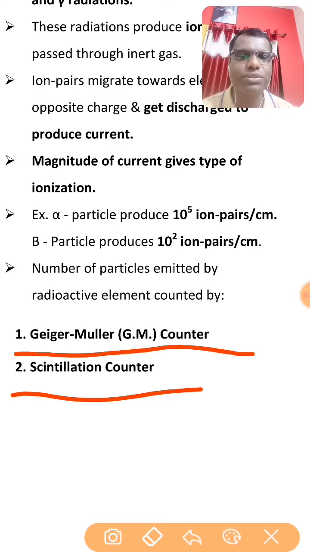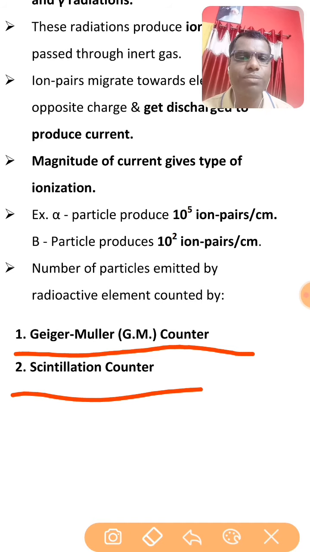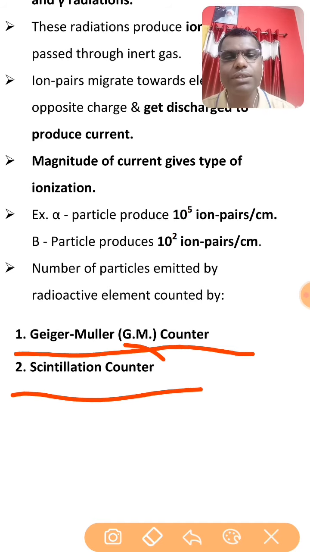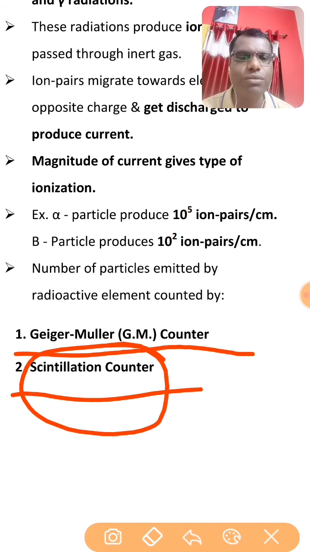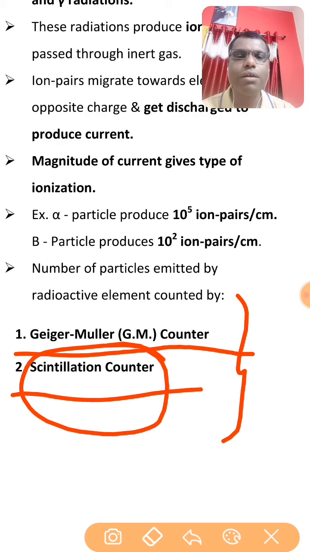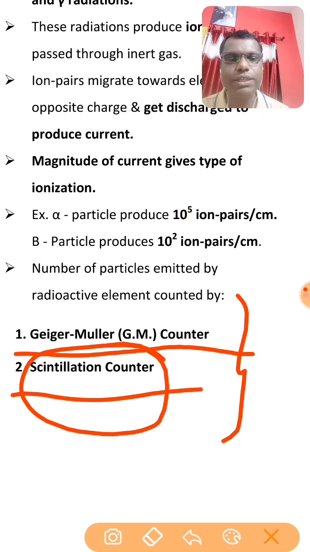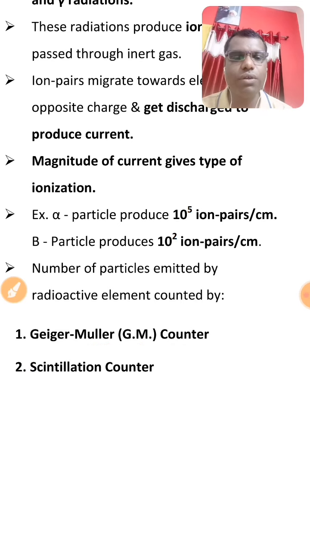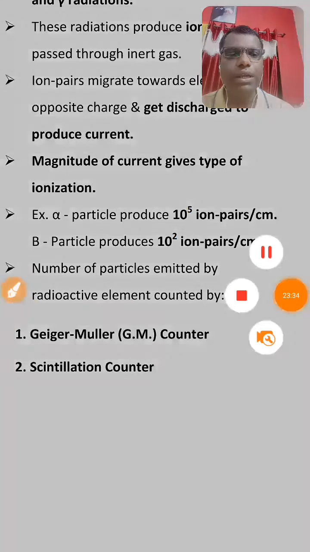Scintillation indicates flashes of light, and that's why it is called a scintillation counter. These two counters are used to detect, identify and measure the type of particles emitted by any radioactive element, which we will discuss in the next part of the lecture.